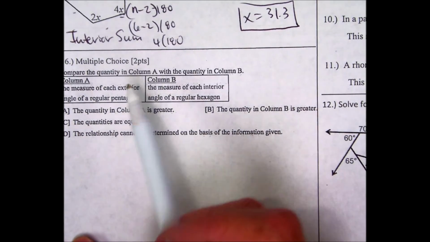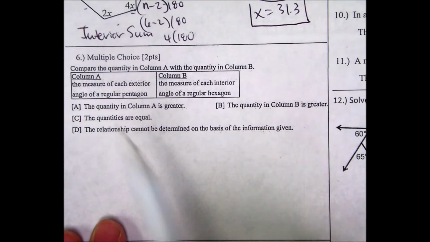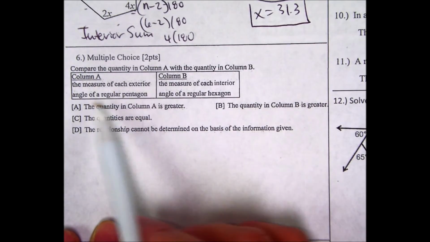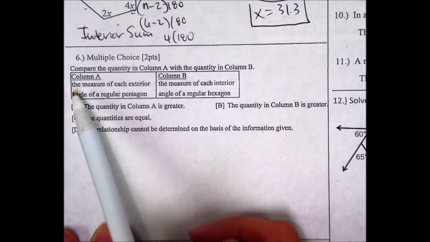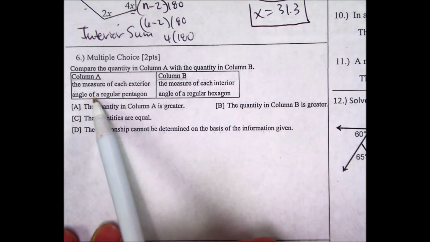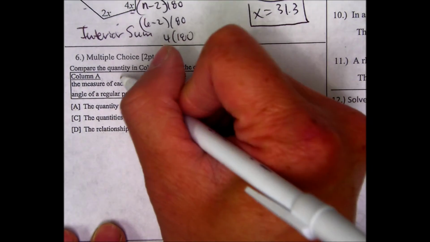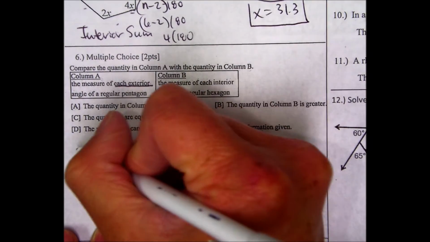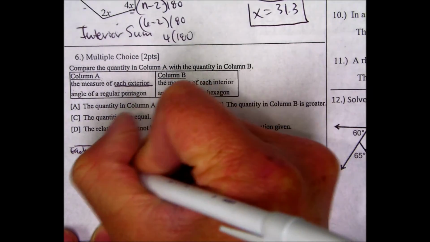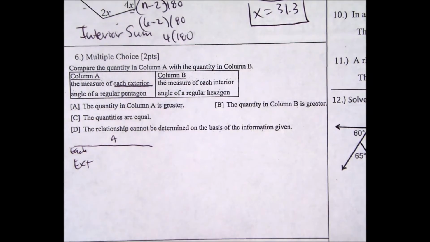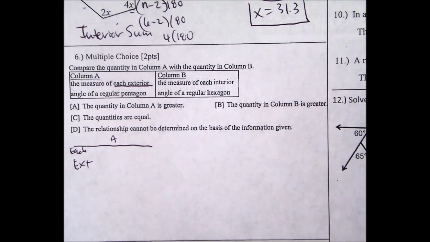Okay. Question number 6 says to compare the quantity in column A, so the number we get, with the number in column B. The measure of each exterior angle of a regular polygon. So I see some words there, each and exterior. So this is A. And then I go to the map.